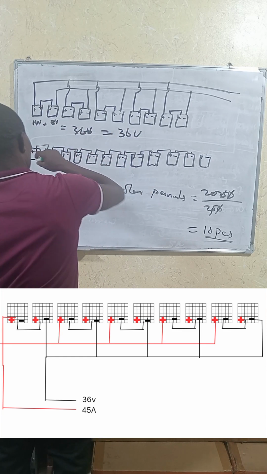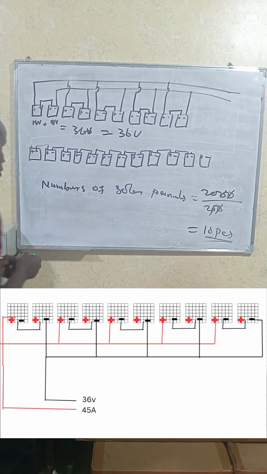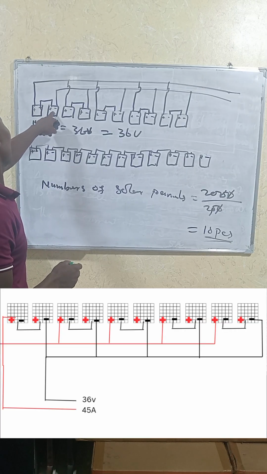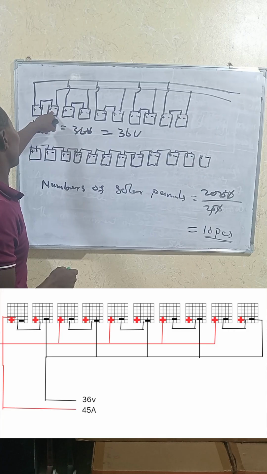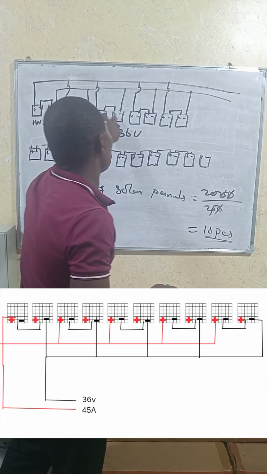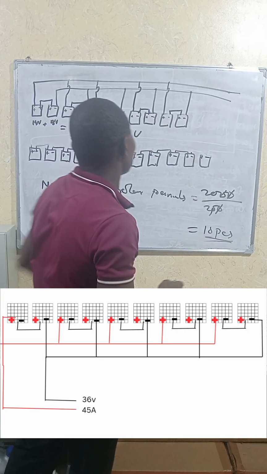Then the amps will now add together. Since we have 9 here, this one is a 9, this one is a 9. When you connect the two together in series, the amps remains the same. So this is a 9, this is a 9, this is a 9, this is a 9.